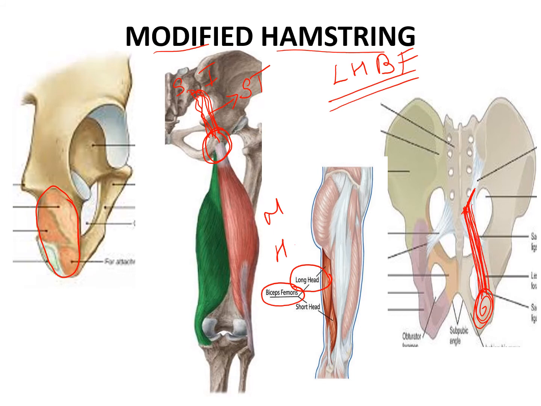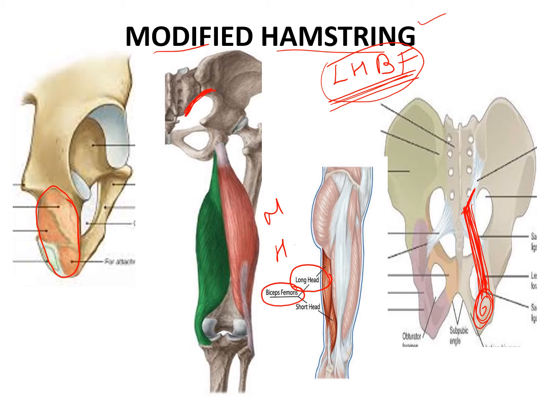So this is nothing but the ligament formed by the early origin of the long head of biceps femoris muscle. That is why it is called a modified hamstring muscle. So quickly we will revise once again why it is called a modified hamstring muscle. Before we assumed an erect posture, our long head of biceps femoris muscle arose from the sacrum and the ilium.